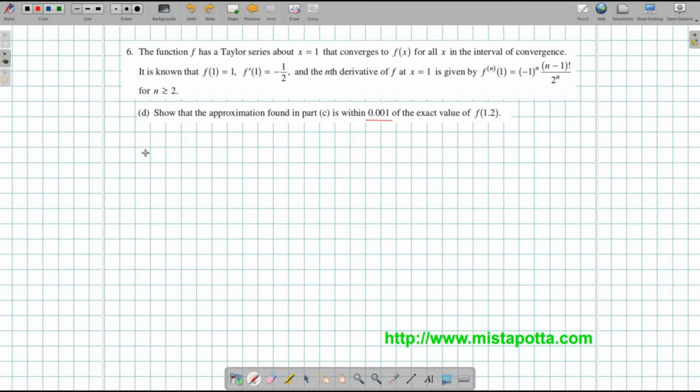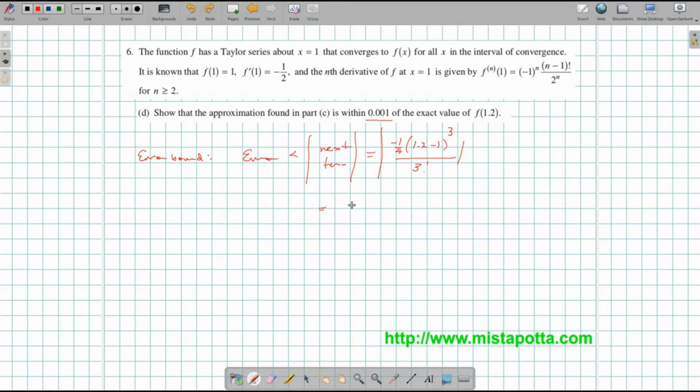And remember that our error bound says that our error has to be less than the absolute value of the next term. So for us, that next term is going to be negative 1/4 times x minus 1 cubed over 3 factorial.